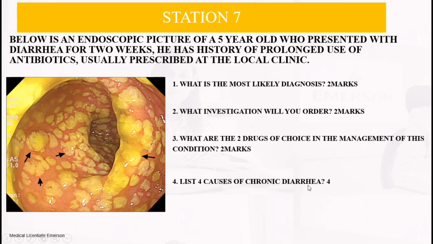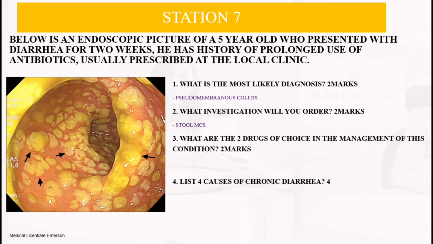Most likely diagnosis: as you can see, the child had prolonged use of antibiotics, so this is most likely pseudomembranous colitis. Then what investigations do we order? We can order stool MCS since they have already done the endoscopy. Of course, there are other investigations we can order, but just put the one most likely.